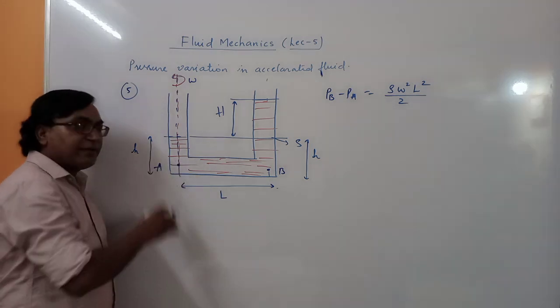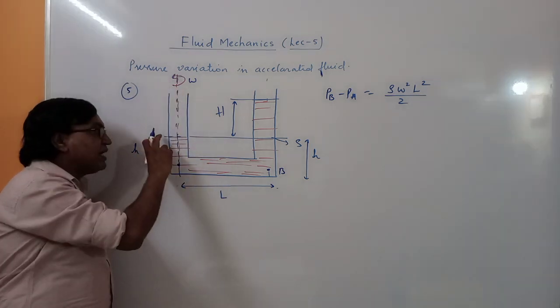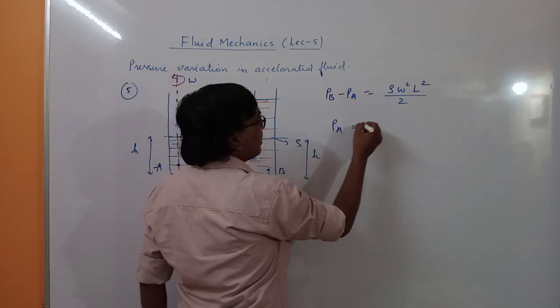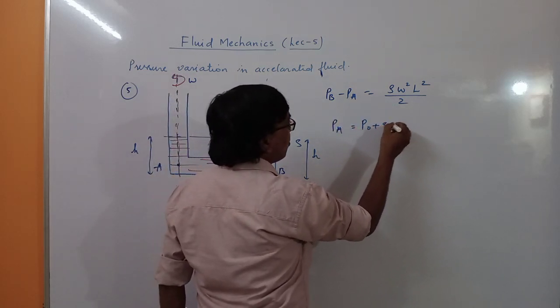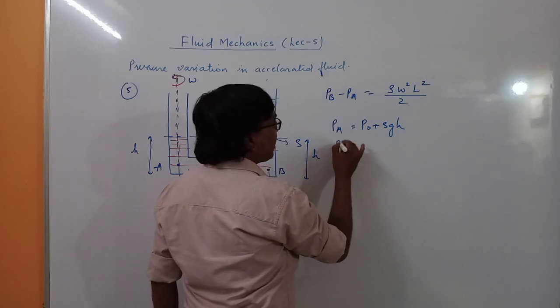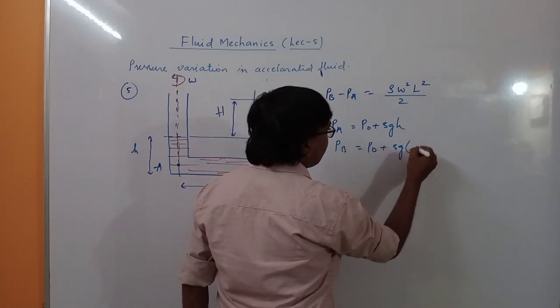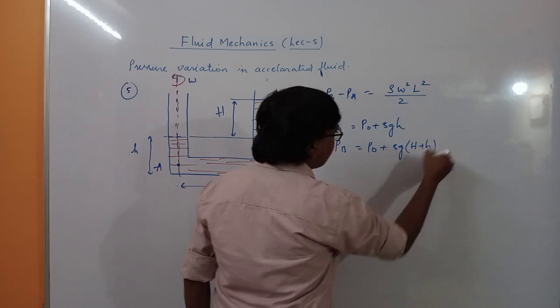So pressure at A. Pressure is applied by this height of the fluid. So pressure at A is atmospheric pressure plus rho g h. Pressure at B is atmospheric pressure plus rho g, capital H plus small h.